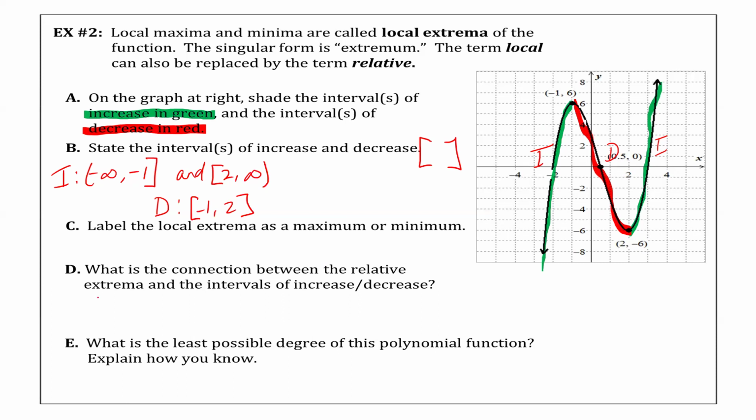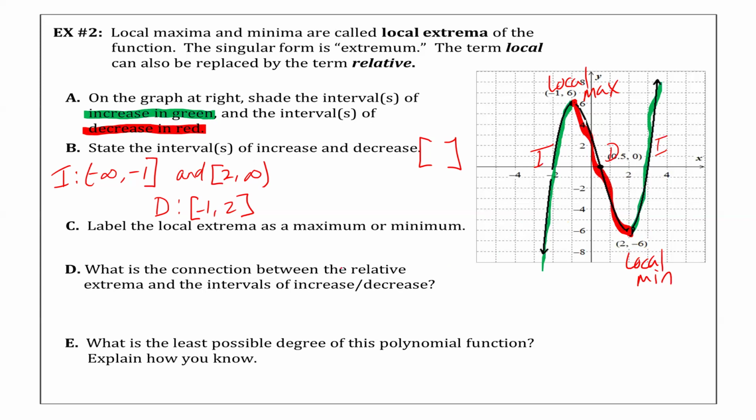So in this case, this is a local max. And why am I specifically saying local? Something goes past it. Make sense? And this is going to be a local min. And why? Because the line goes down.